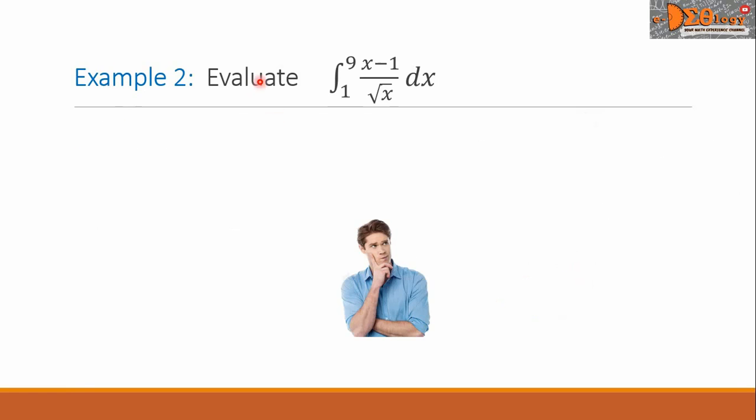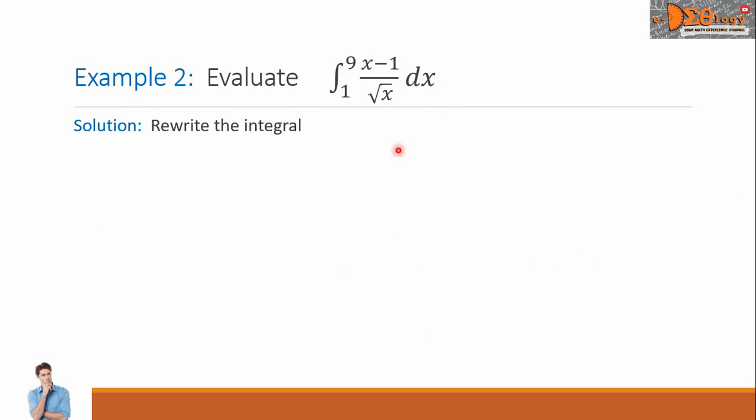Example 2. Let us evaluate the integral from 1 to 9 of the function x minus 1 all over the square root of x dx. For our solution, let us rewrite the integral and show that this radical sign is a fractional exponent. So we have the integral from 1 to 9 of x minus 1 all over x raised to the 1/2 dx.